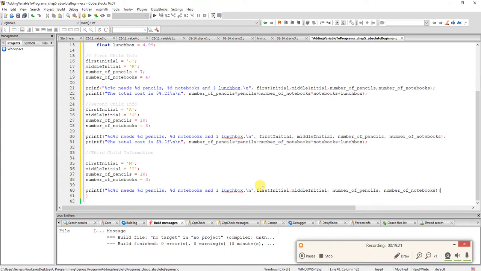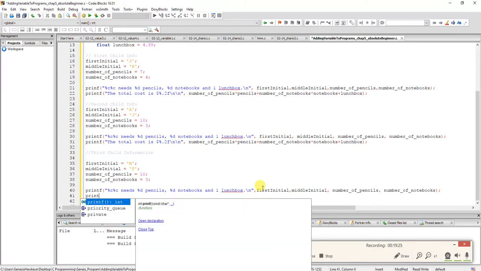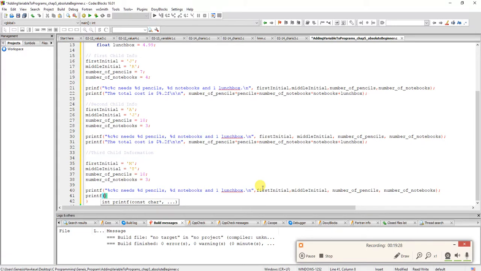Now, what we want the computer to do is give us a calculation of the values that we have. So printf the total cost is $, and we only want 2 decimal places after the dollar sign, not 8.